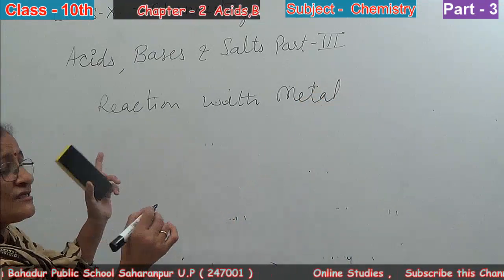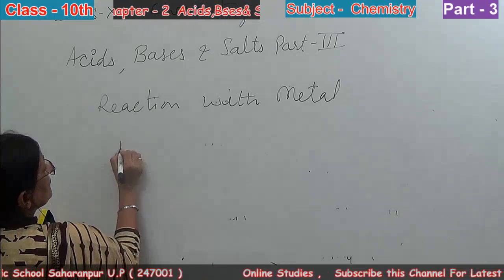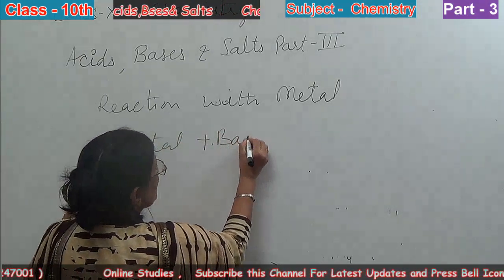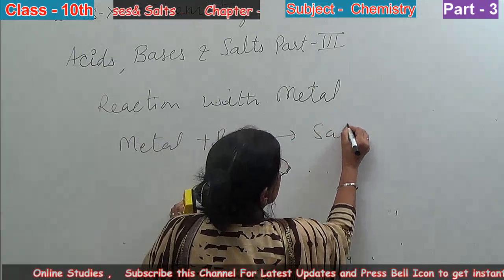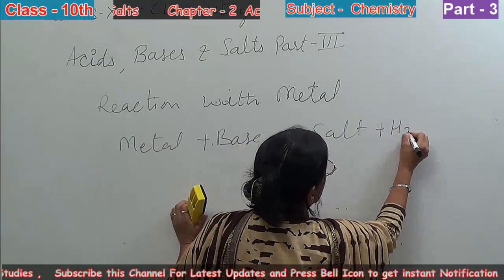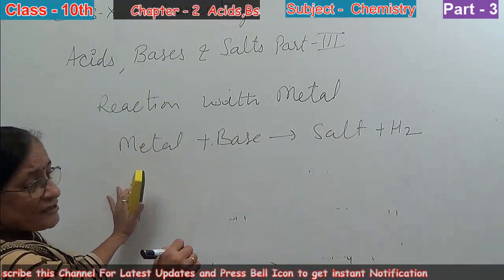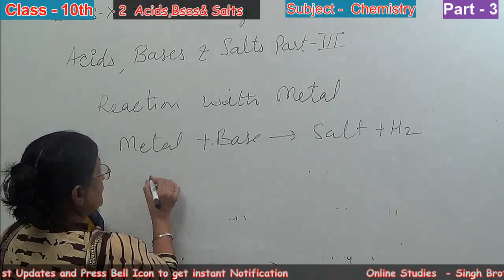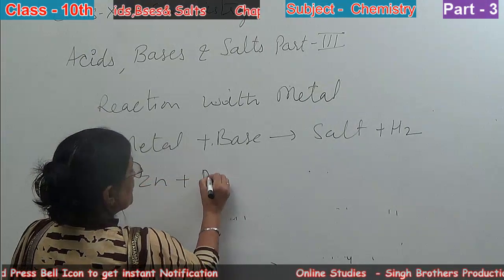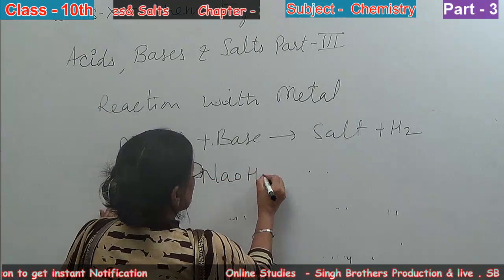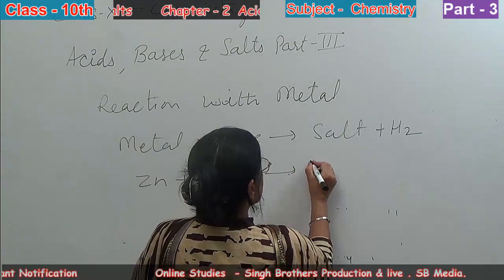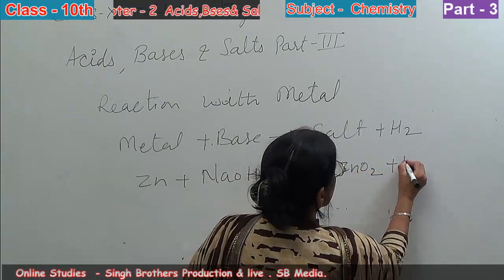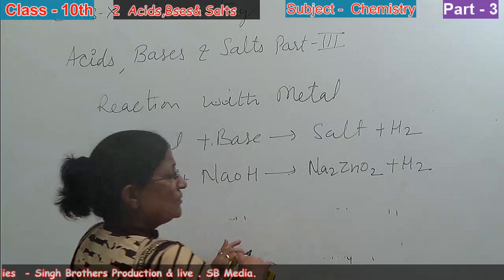Bases react with some of the metals: metal plus base form salt and hydrogen. We can take the example of zinc, Zn plus base NaOH, they form salt, that is Na2ZnO2, sodium zincate, plus hydrogen.